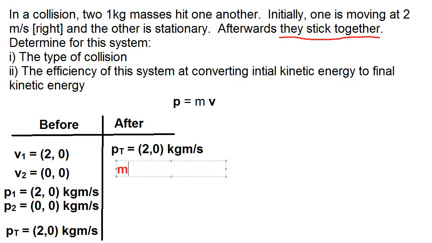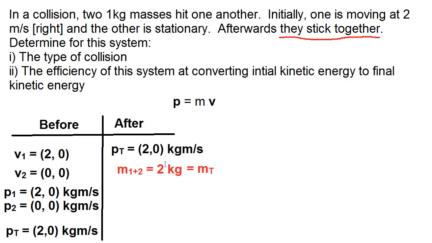So here we're going to have a mass of 1 plus 1, because we're going to treat them as a single object. Now, if they're stuck together, they were both originally 1 kilogram. Together, they're going to be 2 kilograms. Right? And this is also the total mass of our system.